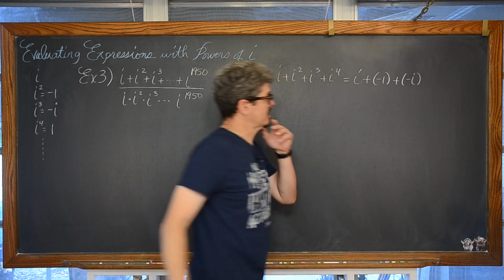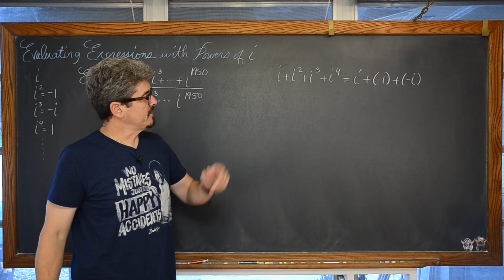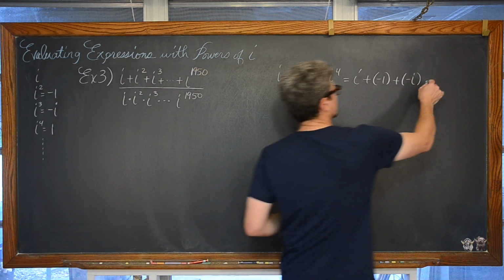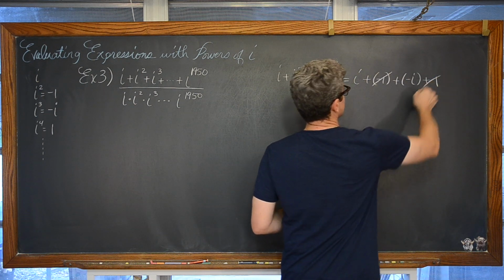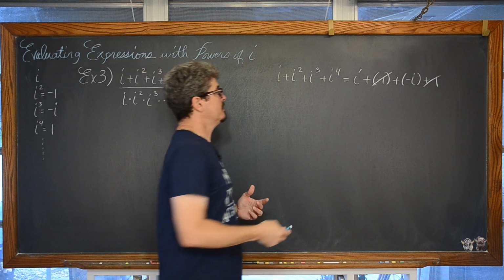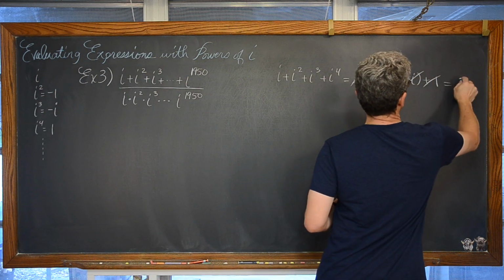And then finally, i to the fourth is equal to 1. Okay, so negative 1 plus 1 is 0, and i minus i is equal to 0.